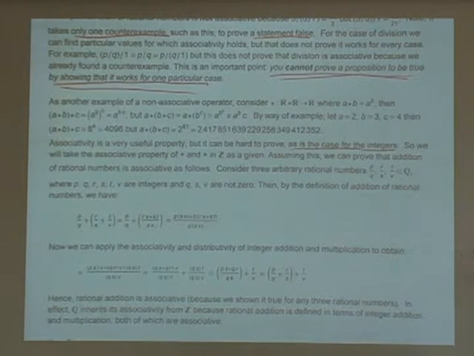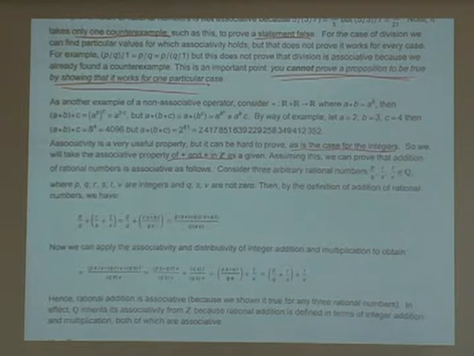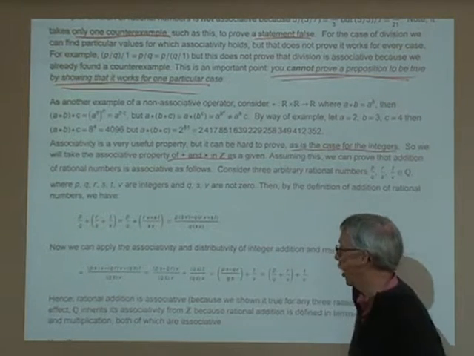And it has been done. So we take those as given. Assuming that integer plus and times are associative, we can prove that rational arithmetic is associative, that rational plus is, and it gives an example there.